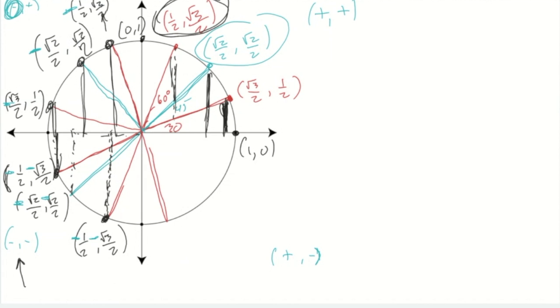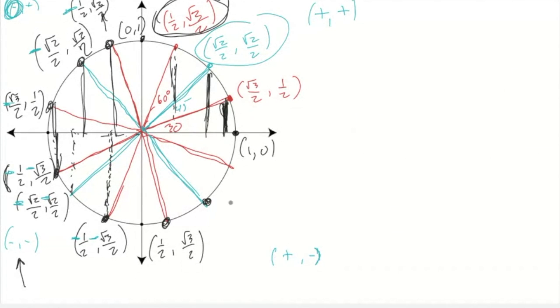Continue down here. Have that, and then the last one here. So it's the same exact measurements again. Here, the y is longer, so it'll be 1/2, root 3 over 2.